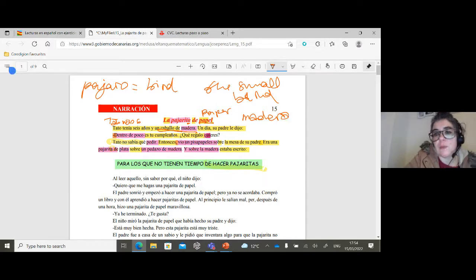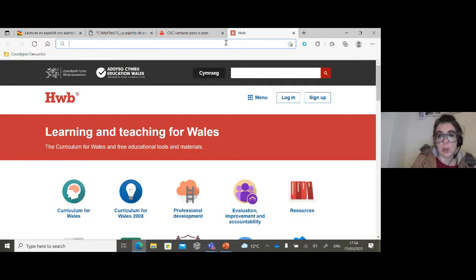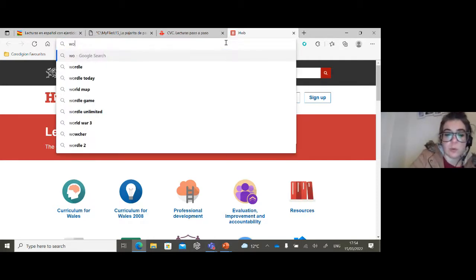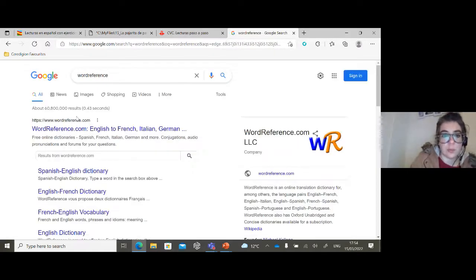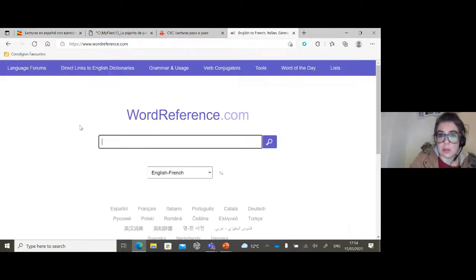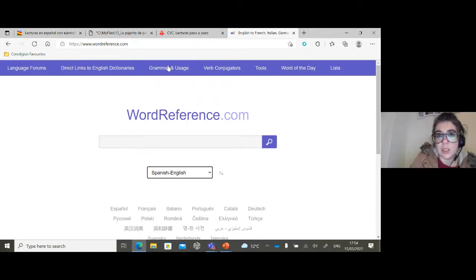So if you are unsure of single words, once you're doing this type of exercise, you can also make sure you're using an online dictionary. For instance, WordReference is quite useful for this. You could do from Spanish into English.